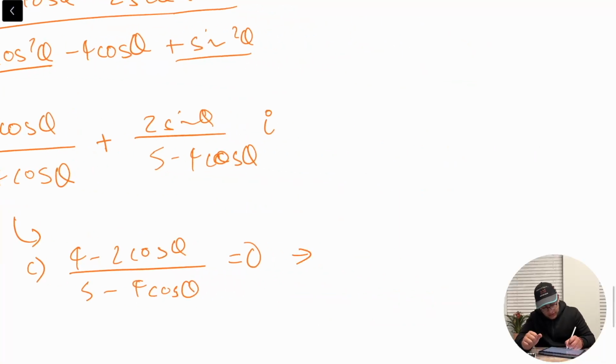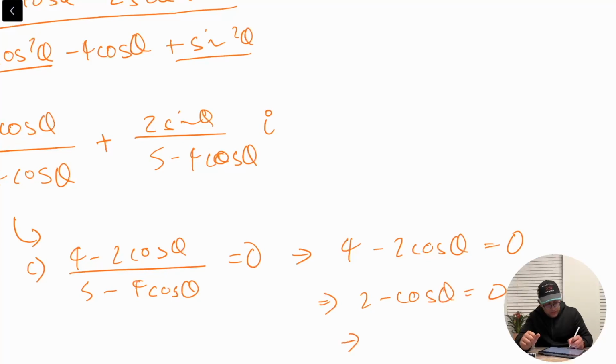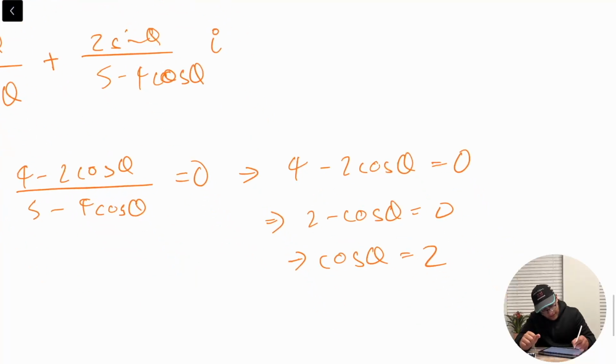This will lead to 4 minus 2 cos theta equals 0, which means cos theta equals 2, which is impossible.